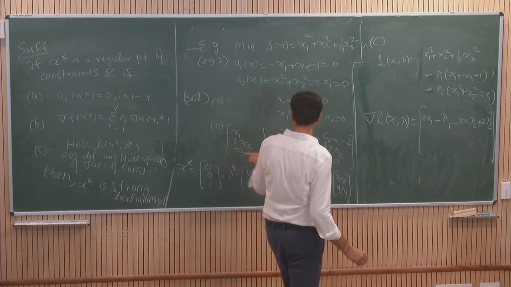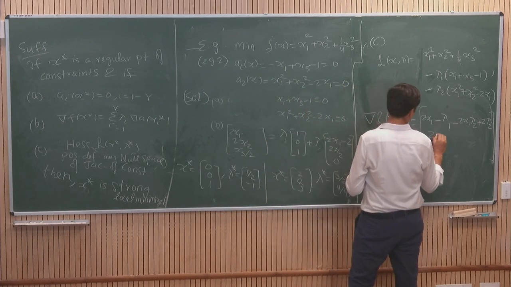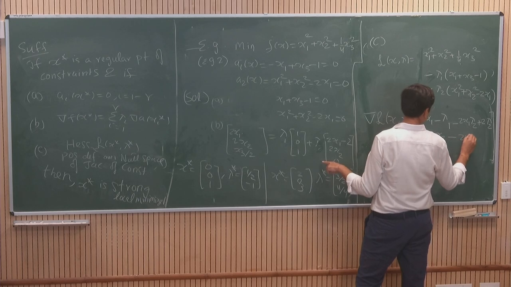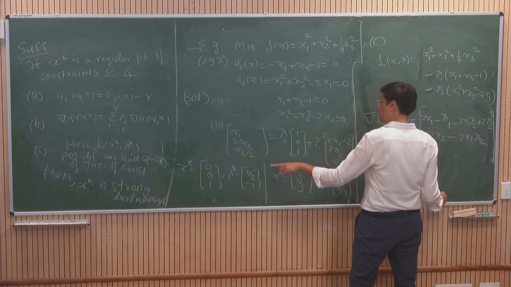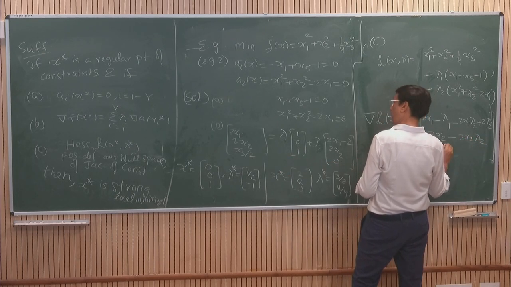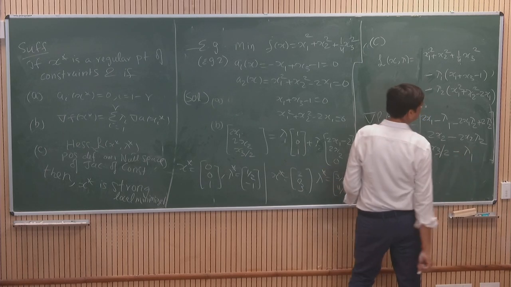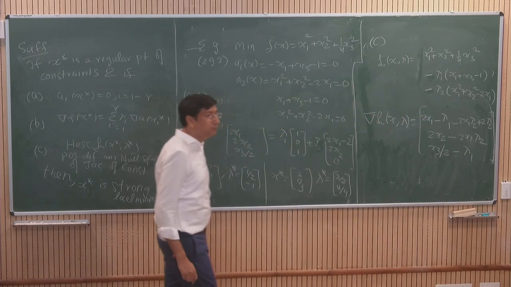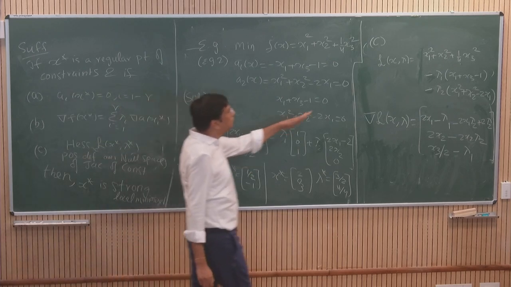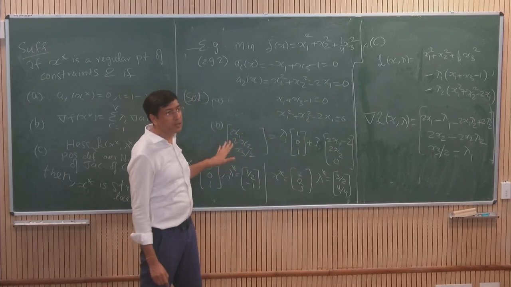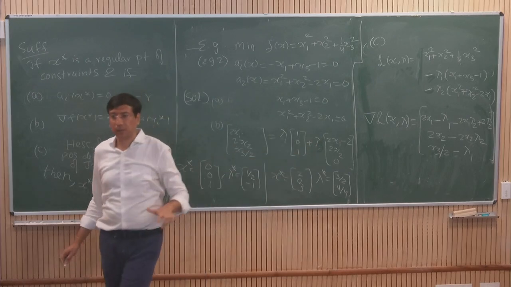That's the first one. The second equation is 2x2 minus 2x2 lambda 2. The third equation is x3 over 2 minus lambda 1. Everybody with me? You can do it from this also, but since you had done the work in the first order necessary condition, I just took that and wrote it there.